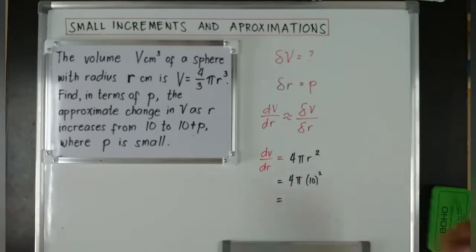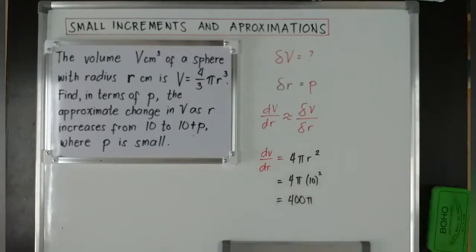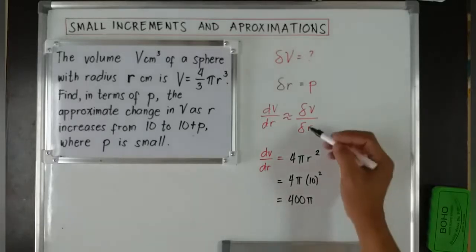So it is basically 400 pi. If you wanted to make it a decimal, it's up to you, but it would be better if you write it as pi. Anyway, you know that pi does not have any ending. Just write it as pi so that you don't get confused. Now, what is the small increment in r?